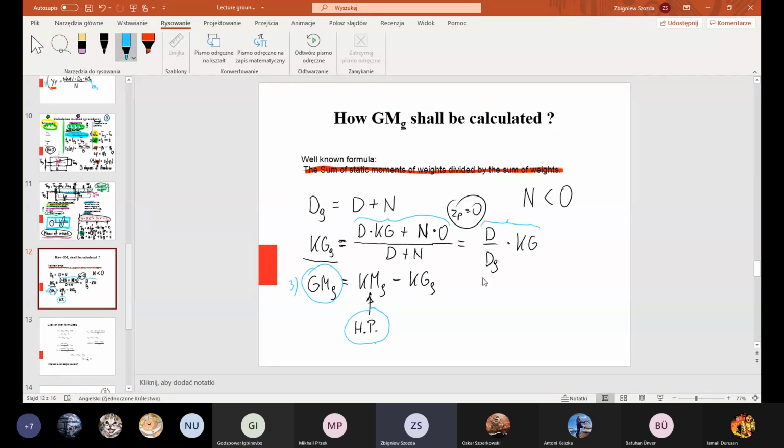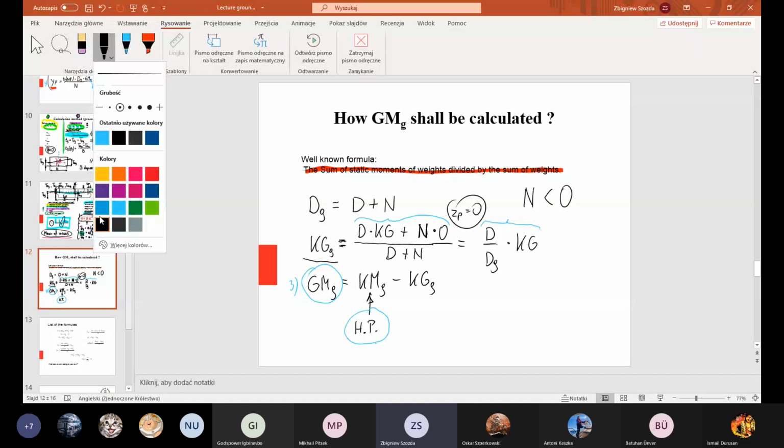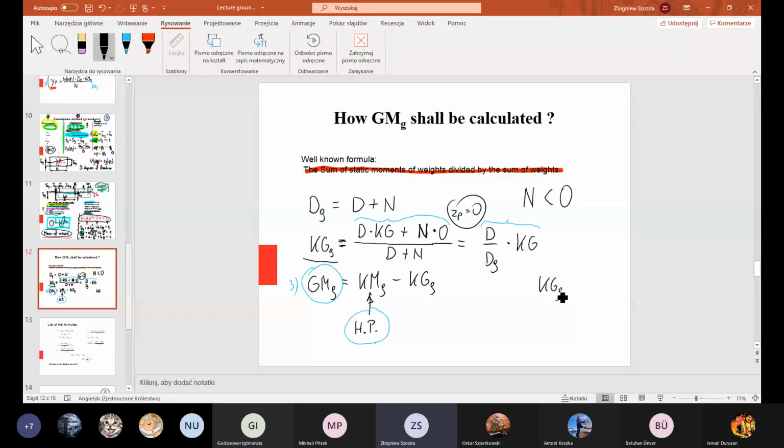The center of gravity moves upwards or downwards after grounding. How do you think? Does it go down or up? So kg after grounding. What is the relationship between kg after grounding and kg before grounding? Which is bigger? kg before grounding is bigger than kg after grounding.